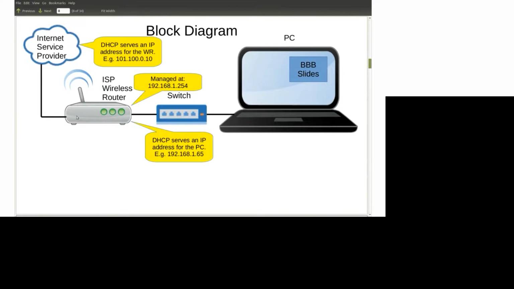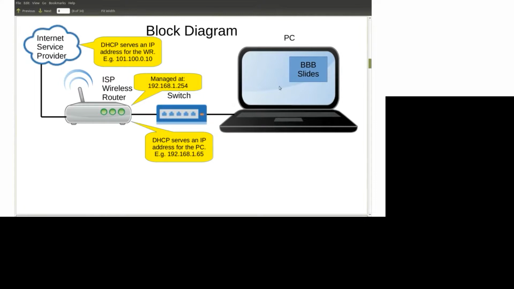And then this router happens to be managed at 192.168.1.254. So if I go into that address, I can manage this router. And the DHCP serves, I think it must start at 65 and go upwards from there.